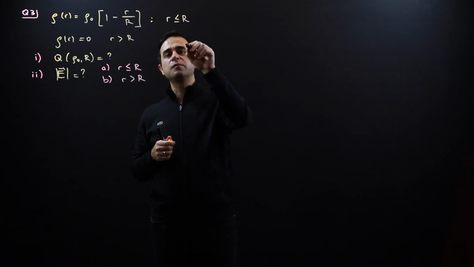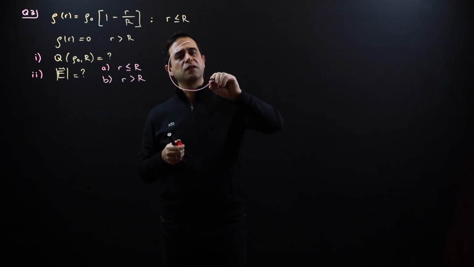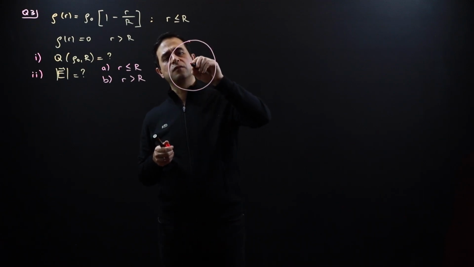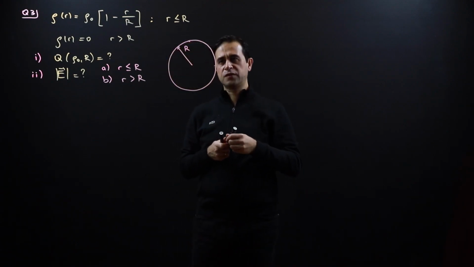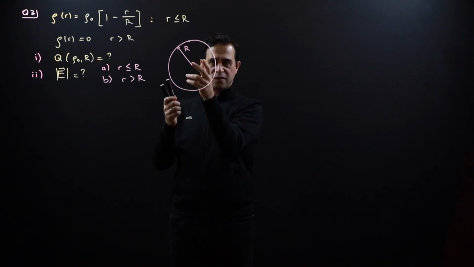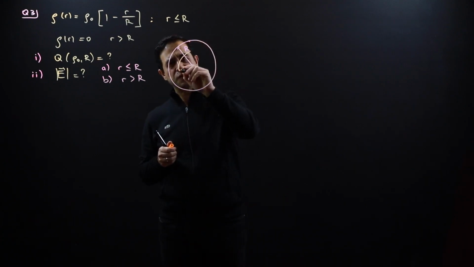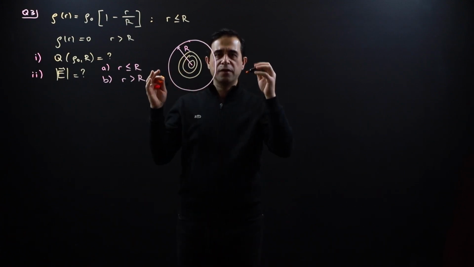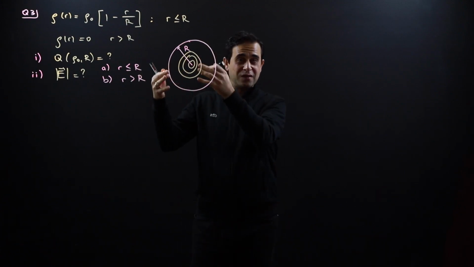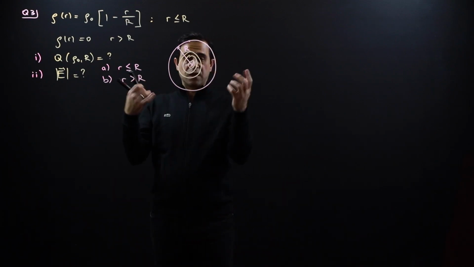Let's say this is capital R, from 0 to capital R. This sphere, a three-dimensional object, consists of all these small infinitesimal shells of charges, starting from 0 up to capital R. So you add them up, and since this is continuous, you do it by means of integration, and then you get the total charge.